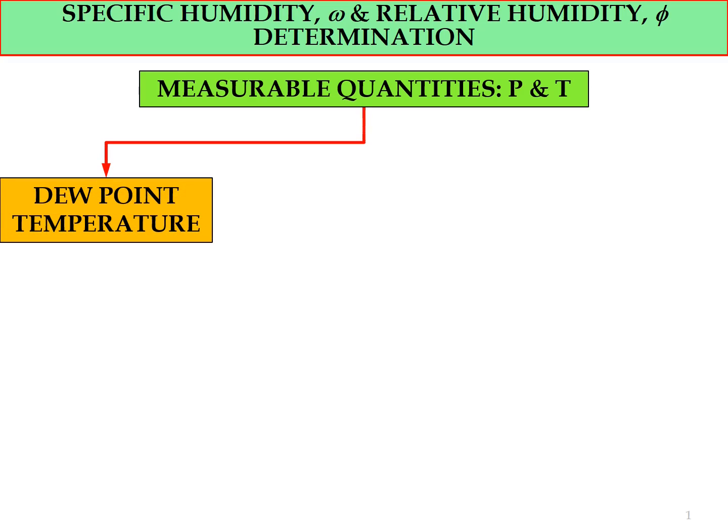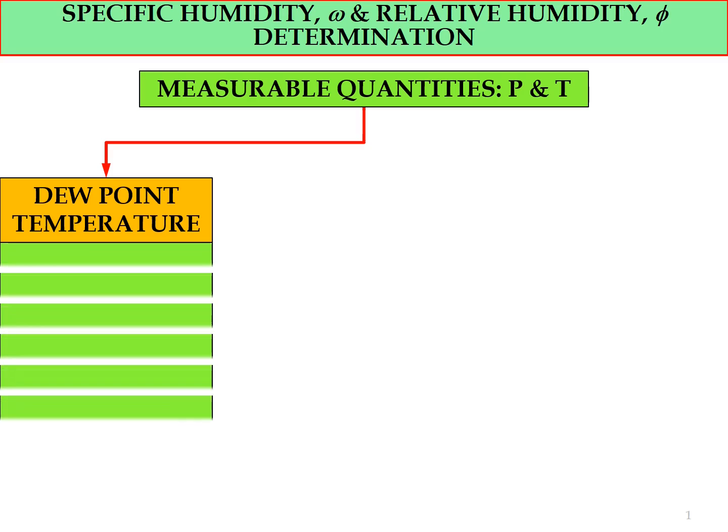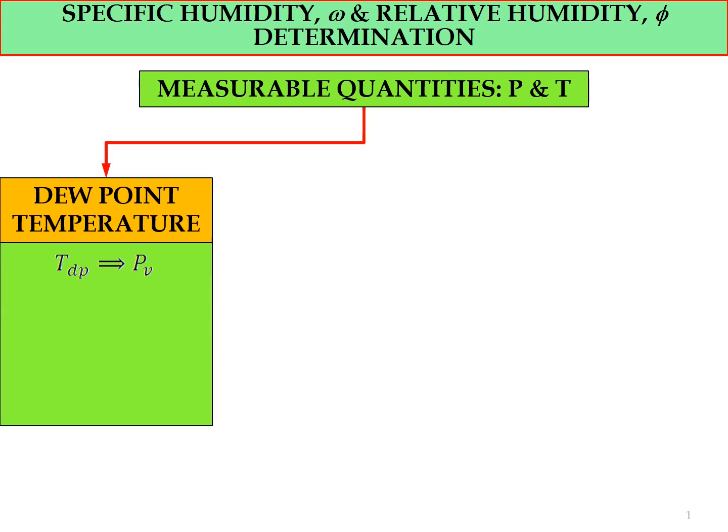First method, we can determine the humidity value by referring to the dew point temperature. If we know the value of dew point temperature, from it we can determine the partial pressure of water vapor, PV.